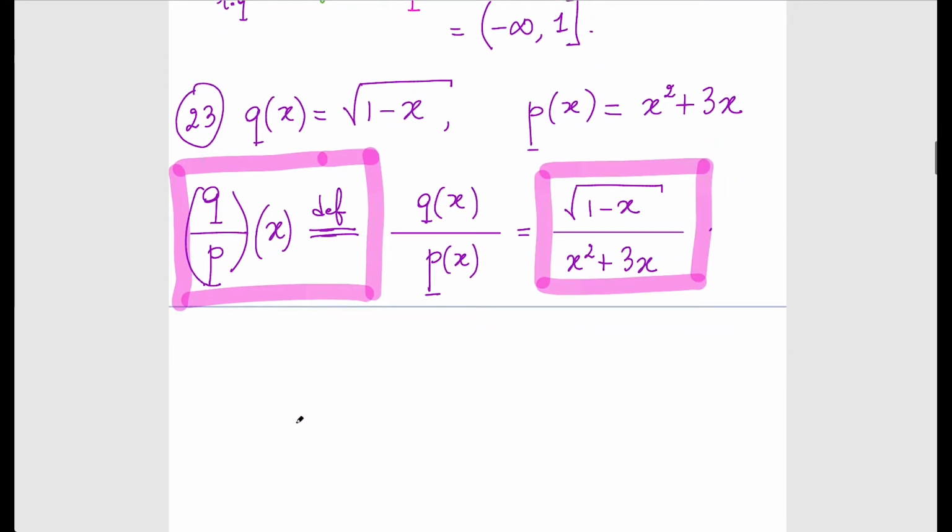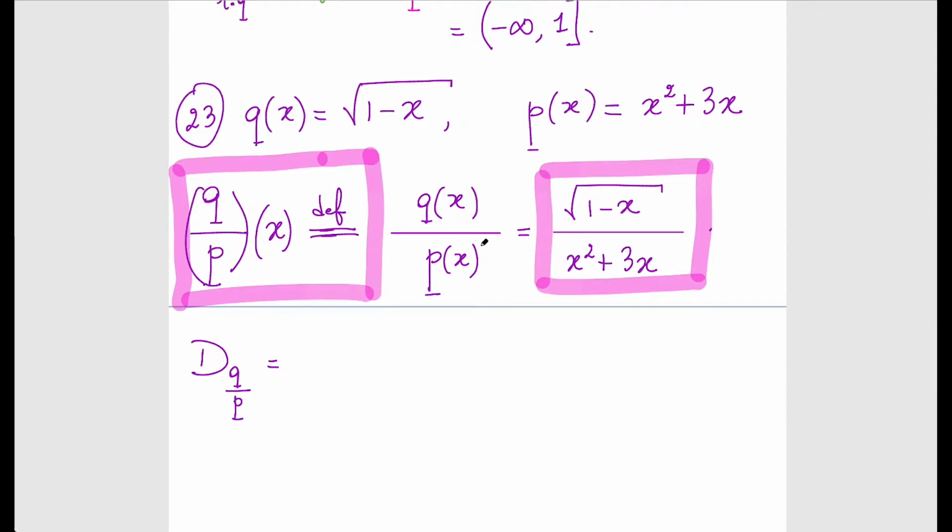All right. Now the question is, what's the domain of this quotient function Q over P? We discussed it above. This is the collection of all numbers that make the numerator meaningful, the denominator meaningful, and the denominator not 0, right? So x should make the numerator meaningful, which means x should be in the domain of Q. x also should make P of x meaningful, so x should be in the domain of P, and x should make P of x not 0, correct?